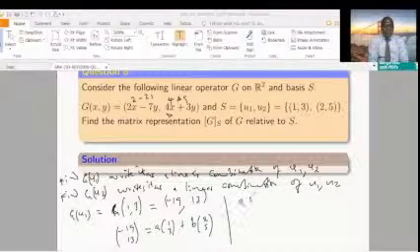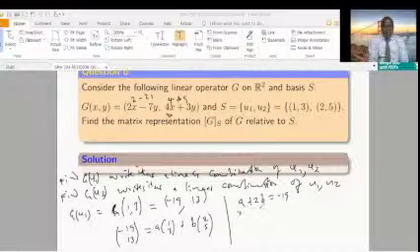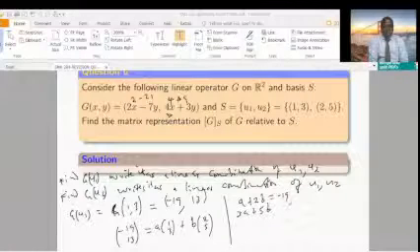It will be A plus 2B is negative 19, and 3A plus 5B is 13.